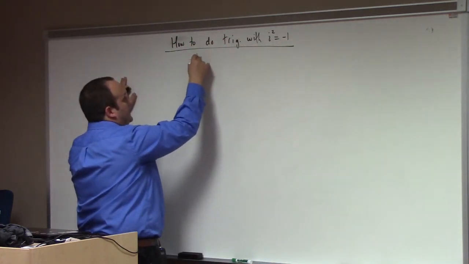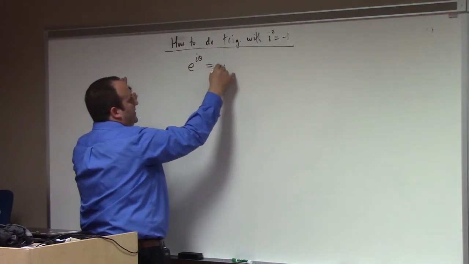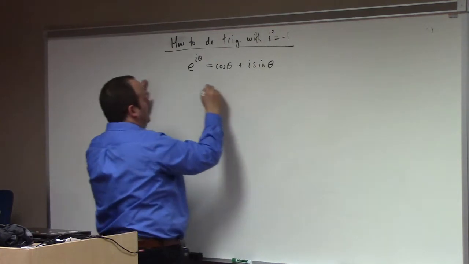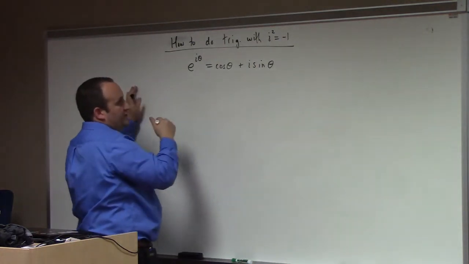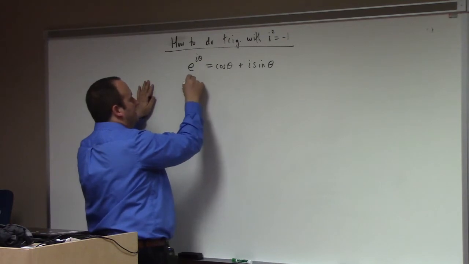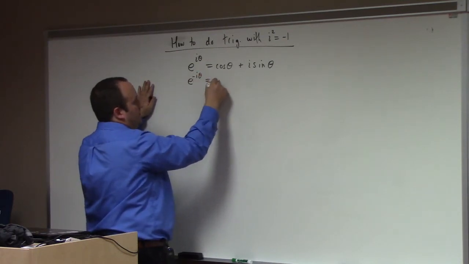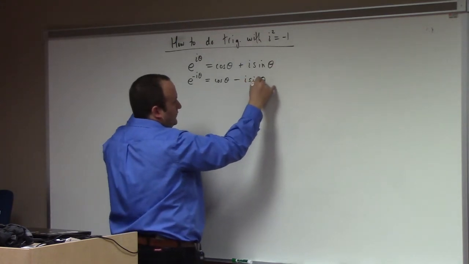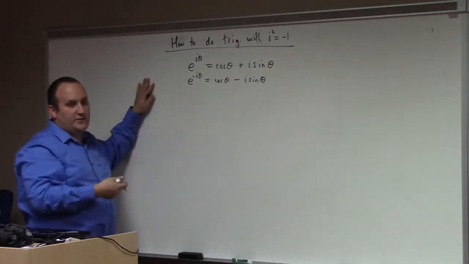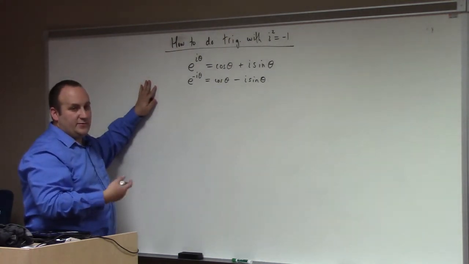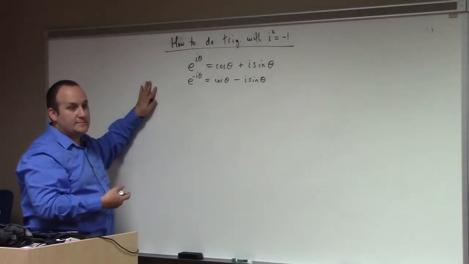e to the i theta is cosine theta plus i sine theta. And so you can look at this, and if you look at e to the minus i theta, what do you get? Cosine theta minus i sine theta, because if we put minus theta into cosine, it just gives us back cosine again. If I put minus theta into sine, I can pull the minus out because sine is odd, right?